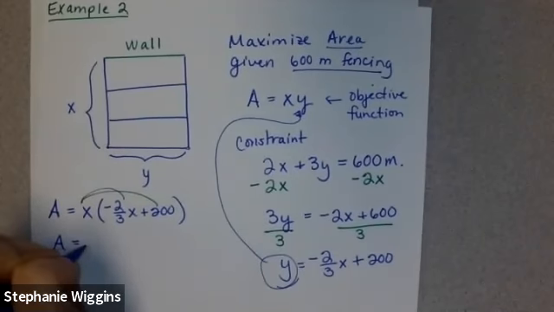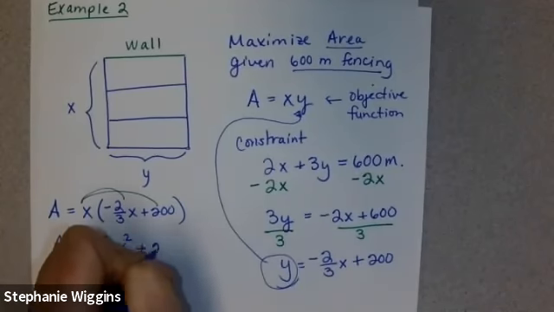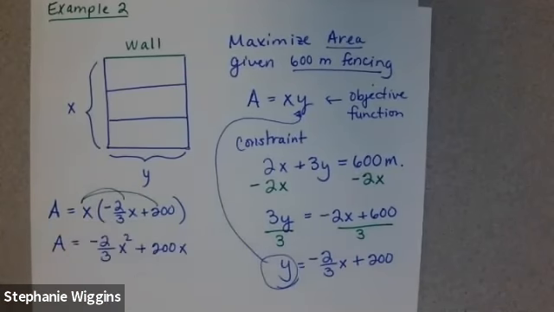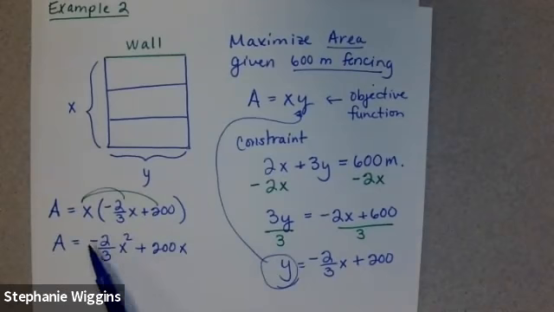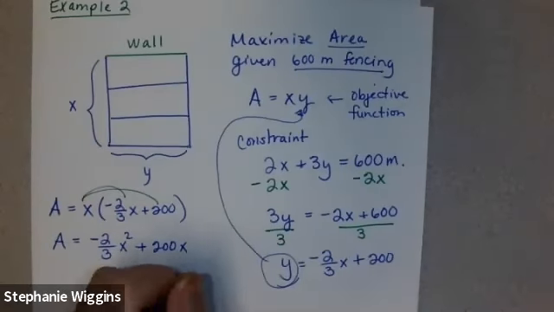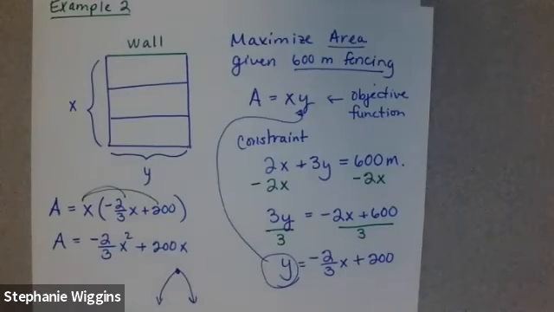So my area function now is negative 2/3 X squared plus 200X. Now at this point, this is what I want to maximize. So notice it's a quadratic with a negative leading coefficient, so it's going to have a maximum. It's a parabola that opens down like this. So here's the maximum value.